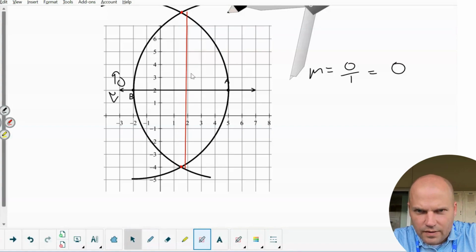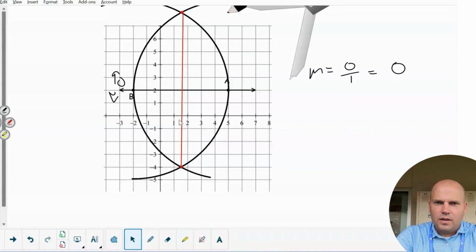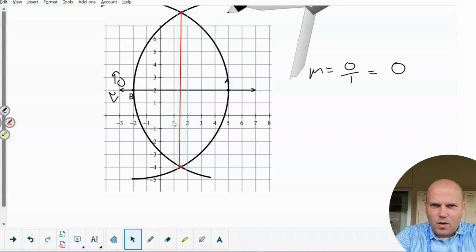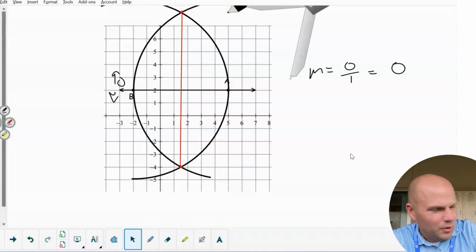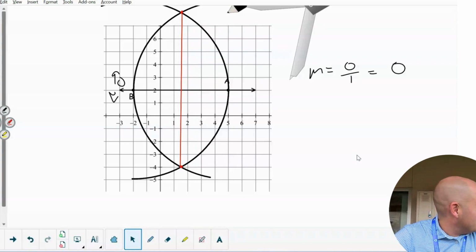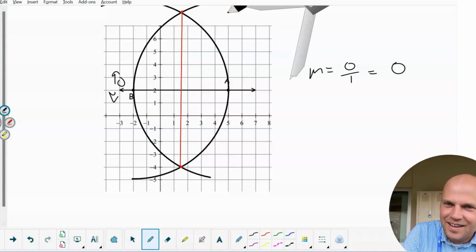Which straightens out and then it goes right here. Now it looks like it's going to be at 1.5, maybe. But who knows? We have to do the math. What we do notice is that it's vertical.